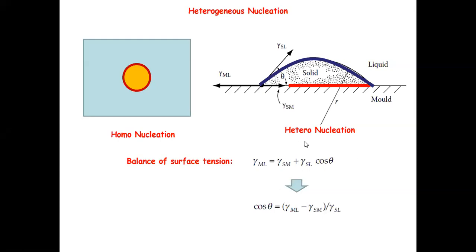For a given material, you have data for the surface tension. For example, if you have water and ice, and a particular glass cup, you can easily find out the surface tension among these three, or the interfacial energies. So you can compute the equilibrium angle theta, or cosine theta, for this.